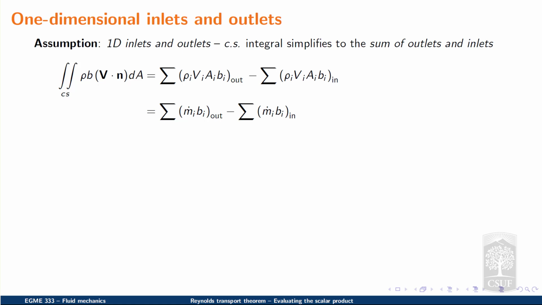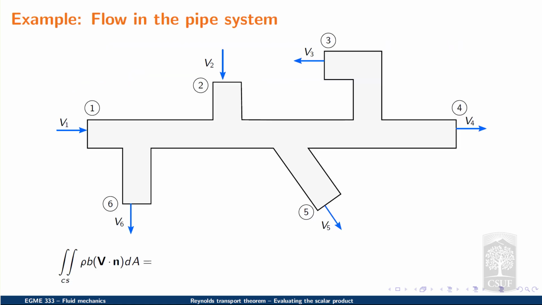To illustrate how to utilize the one-dimensional inlets and outlets assumption, let's consider the following flow through this particular pipe system. I would argue that it's always important to first draw your control volume by specifying the corresponding control surface, illustrated here by the dashed red line.